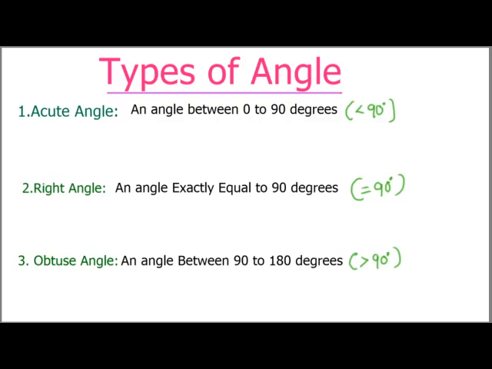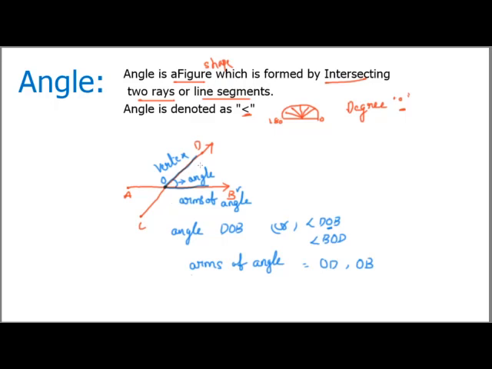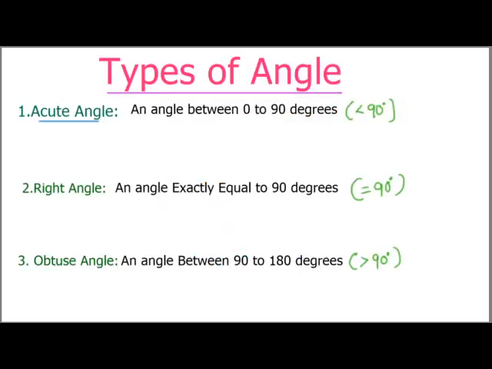Now, we have so many types of angles. First one is acute angle. Acute angle means when two rays are intersecting, this is one ray and this is another ray.